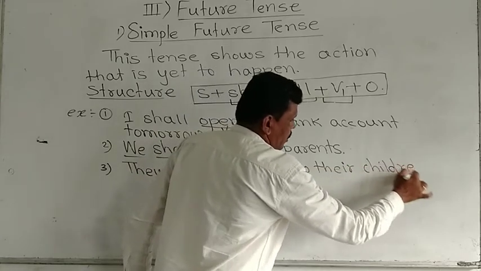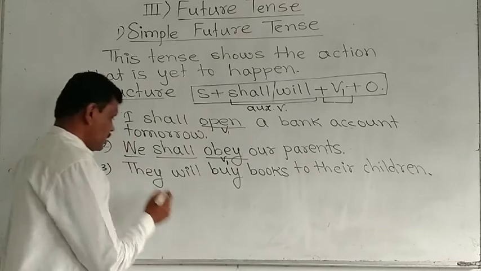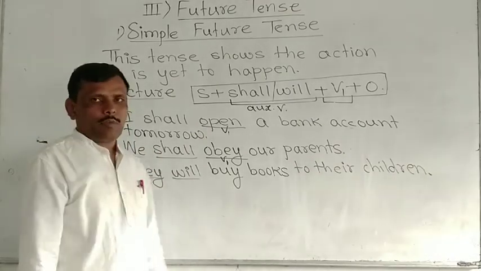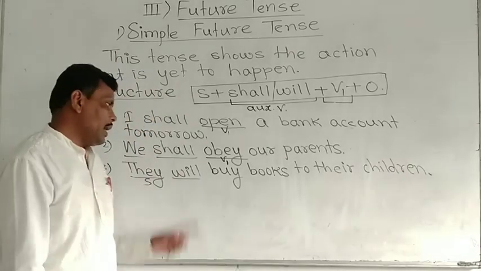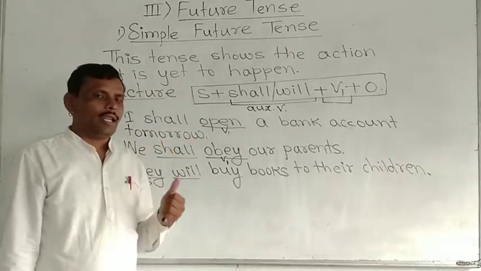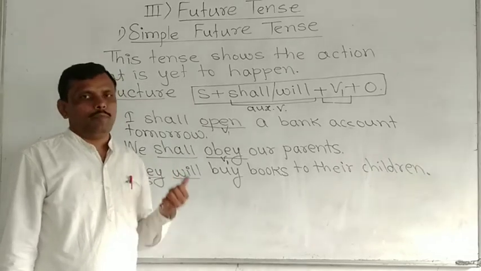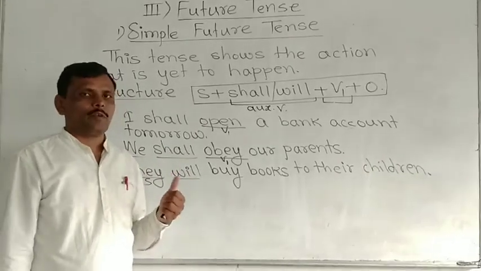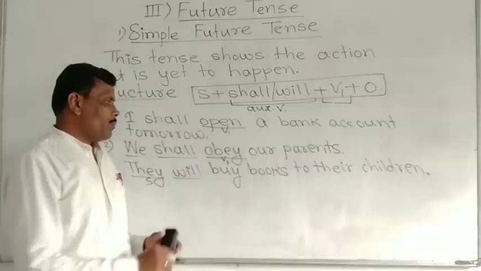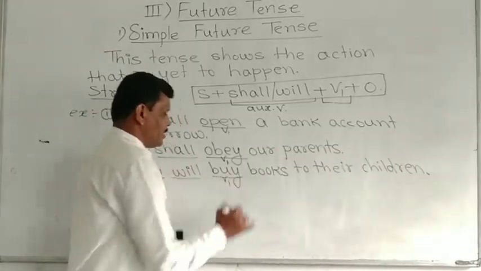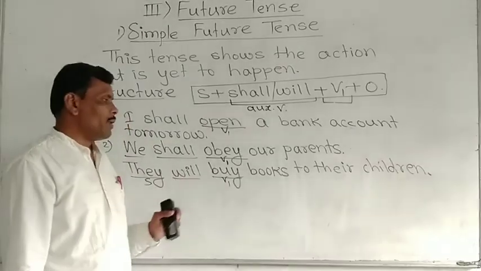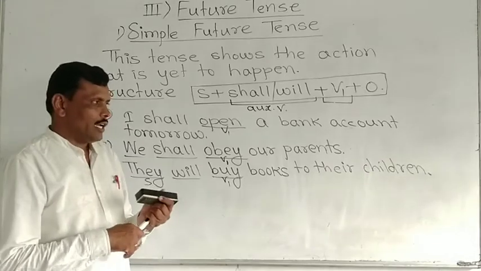Here in this given example, they is the subject, will is used because we have already discussed that after first person pronouns we have to use shall, and except first person pronouns we have to use will. They will buy books. Buy is the V1, that is will plus V1 is a simple future tense. They will buy books for their children.